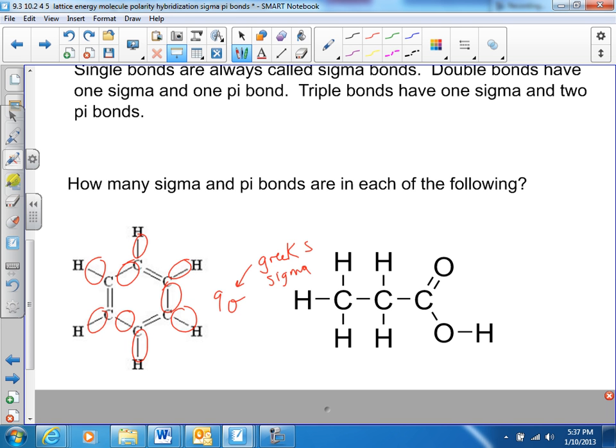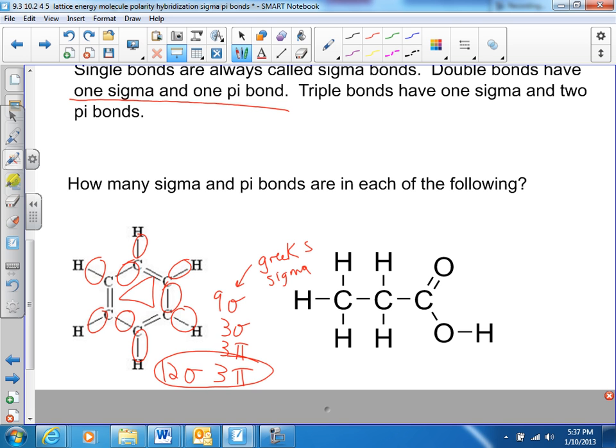Okay, double bonds have 1 sigma and 1 pi. I have 3 doubles, 1, 2, 3. So I have 3 more sigmas and 3 pi's, because double bonds count as 1 sigma and 1 pi. So this whole thing has 12 sigmas, 3 pi's total.